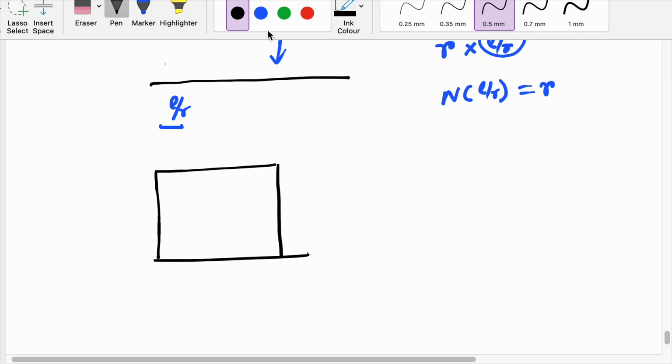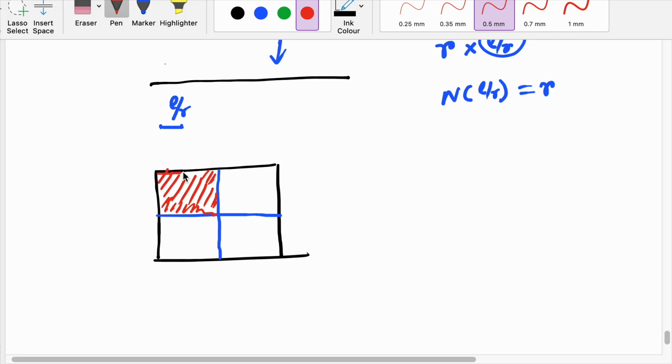Now if I reduce every dimension, so in every direction by 2, I will get a square like this, which I filled with these red lines.